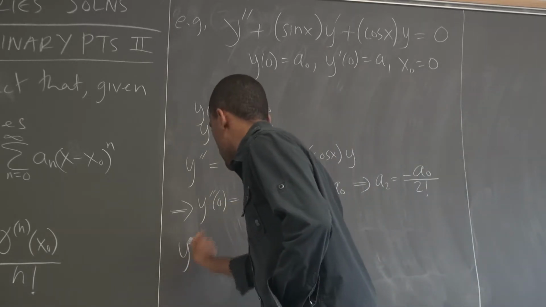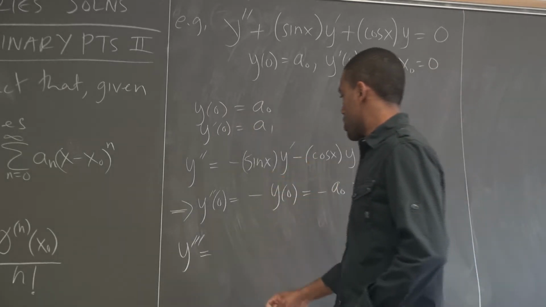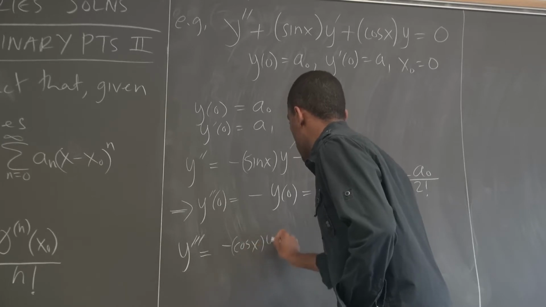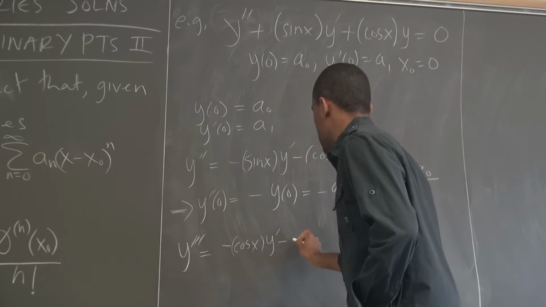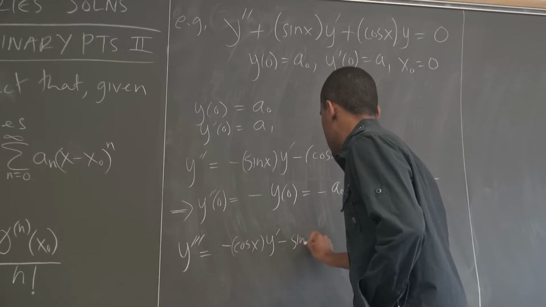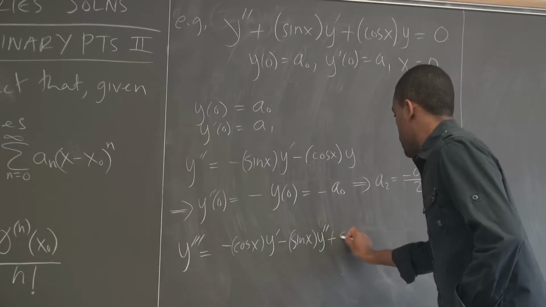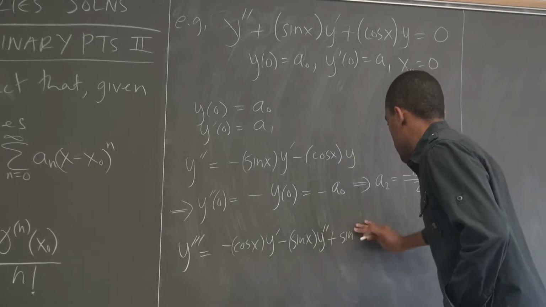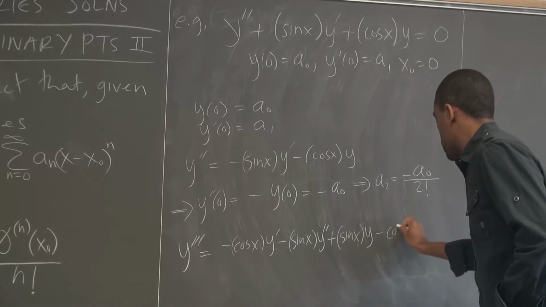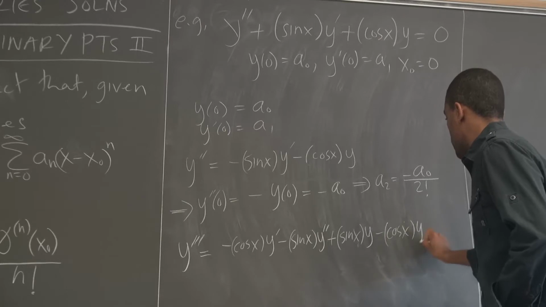I can then figure out what y triple prime is just by taking the derivative of this. Using the product rule here, I would get minus cosine x y prime minus sine x y double prime plus sine x times y minus cosine x times y prime.